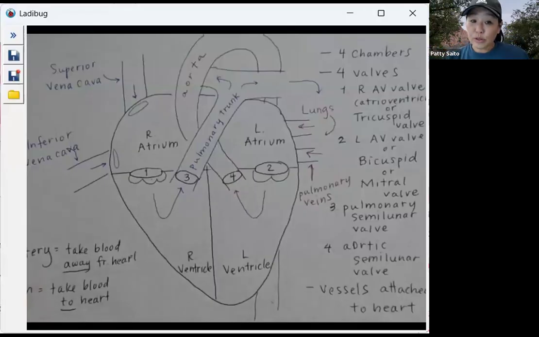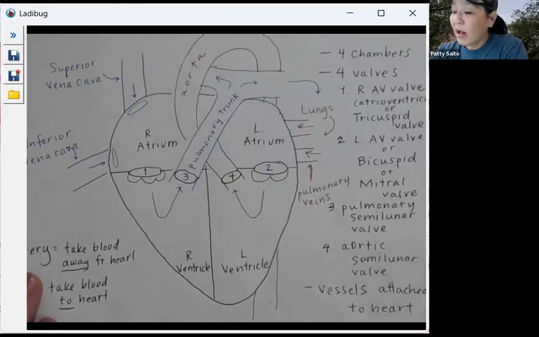But there are two structures called the chordae tendineae, and you should look at the word cords. They're like cords that are like tendons. Okay, so they're attached to something. They're attached to a muscle, right? A tendon attaches a muscle to a bone. Well, these are cords that are kind of like tendons in that they attach to a muscle called the papillary muscles.